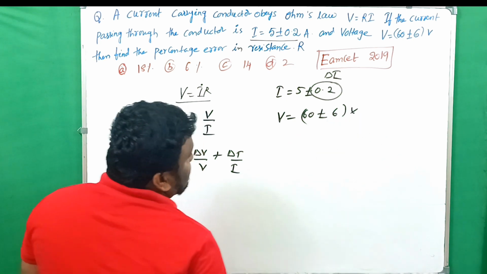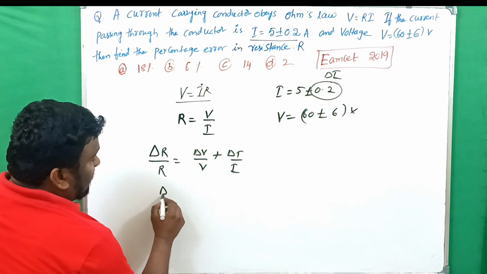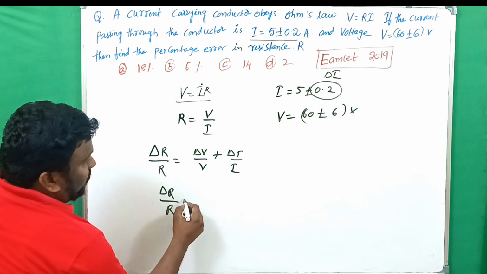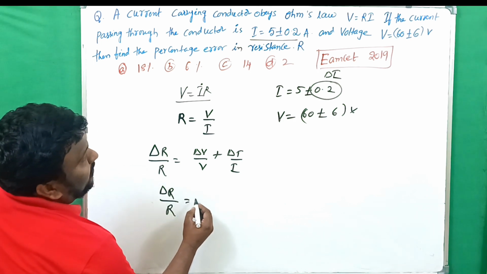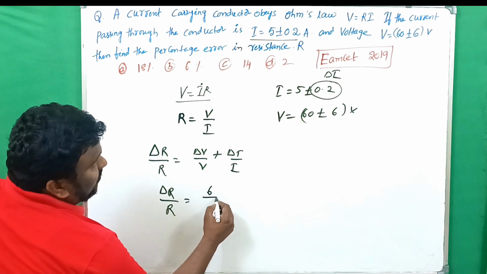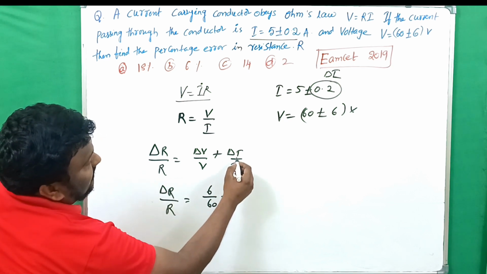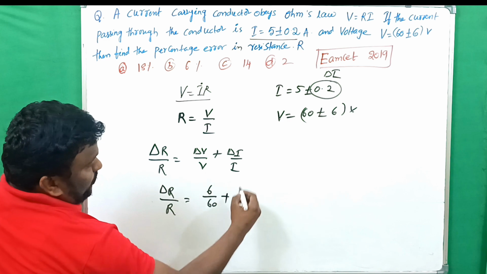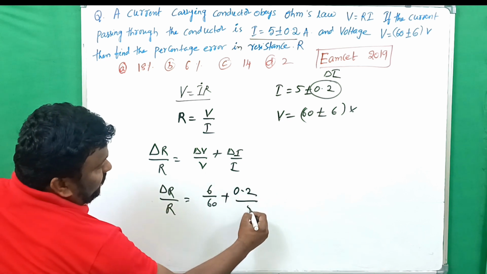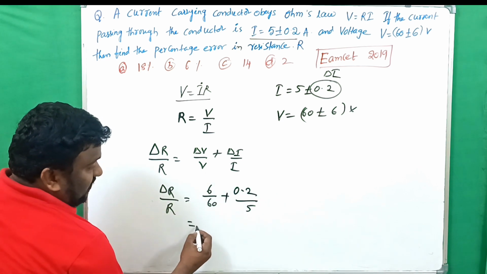So here delta V is what? 6. Substitute here: delta R by R is equal to delta V value, how much? 6 by V value is 60 here, plus delta I value is what? 0.2 by 5.